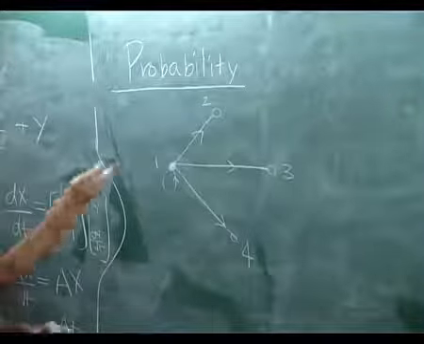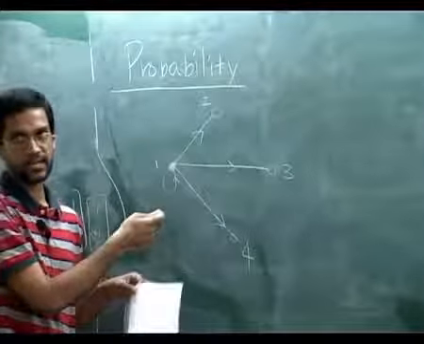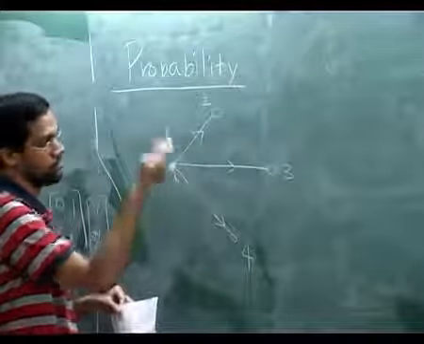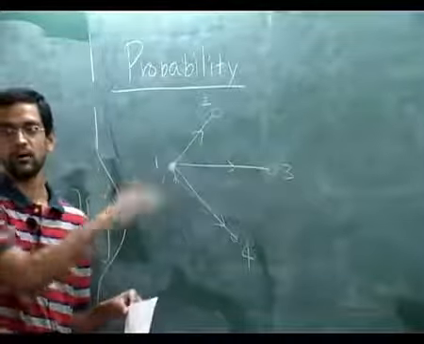Now each of these occurs with a certain probability. Let's say there's a probability half that it will stay there, and maybe 1/6 or 1/4 for the others. It should all add up to 1, of course, that's important. Total probability should be 1.